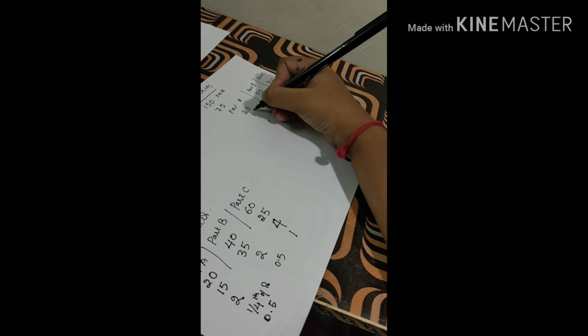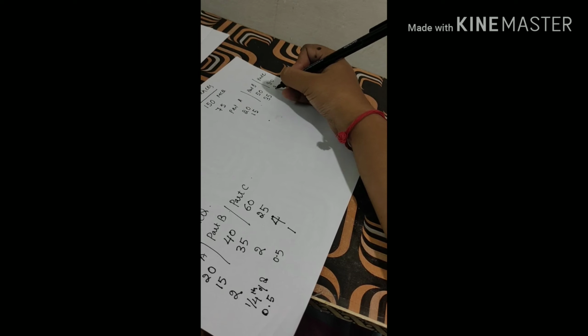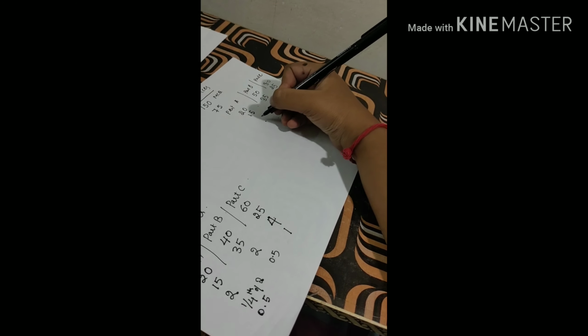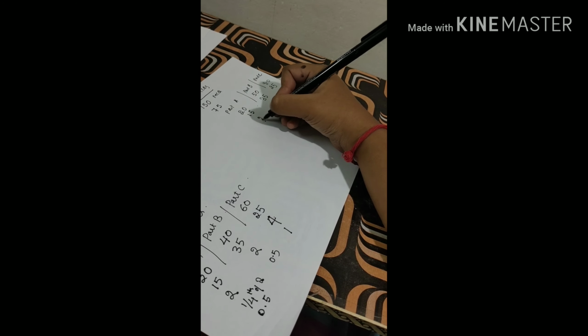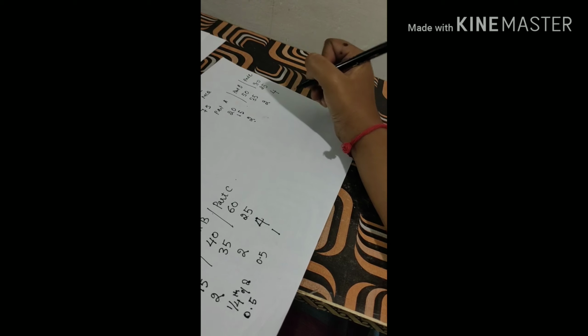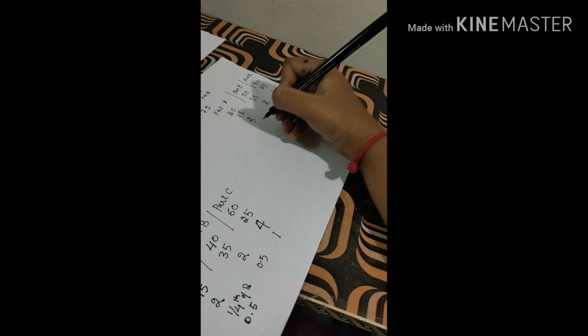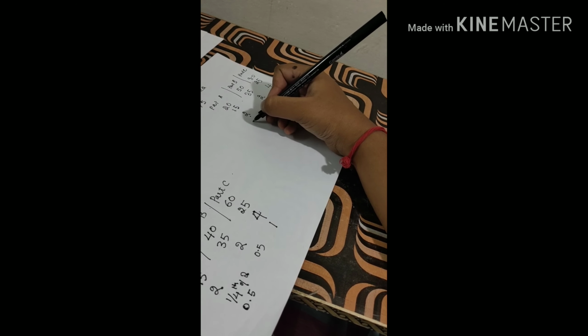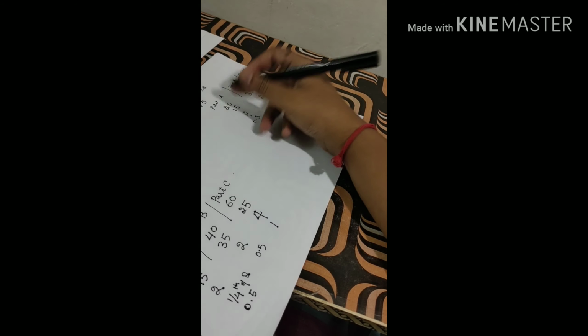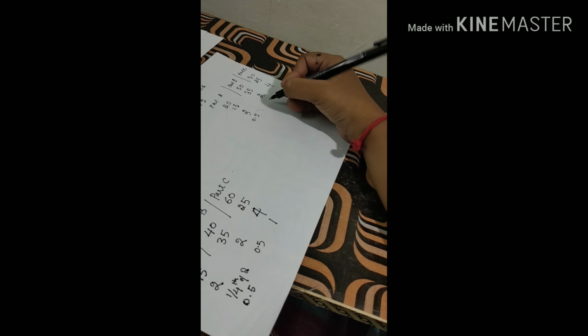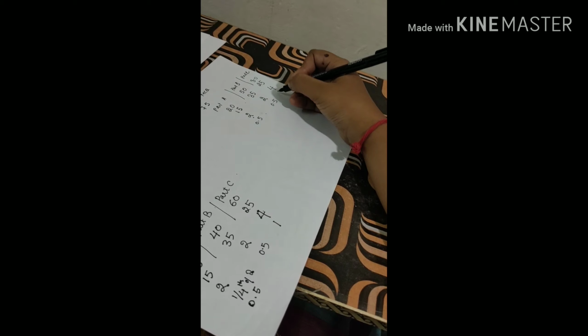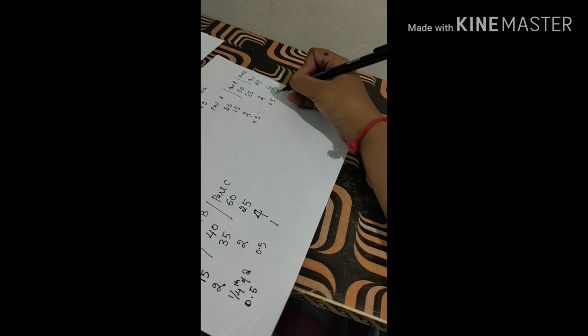The candidate has to attempt 15 in Part A, 35 in Part B, and 25 in Part C. For the right answer he will be awarded 2 marks for a Part A question, 2 marks for a Part B question, but 4 marks for a Part C question. The negative marking is as follows: 0.5 mark will be deducted for a wrong answer in Parts A and B, and 1 mark will be deducted for a wrong answer from Part C.